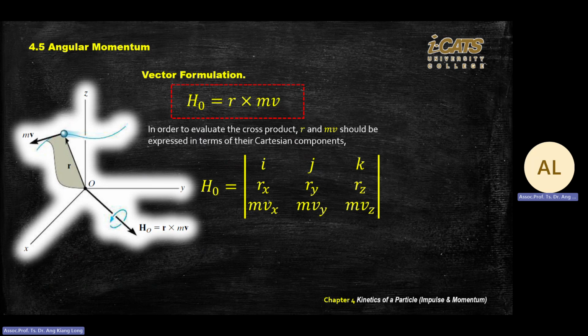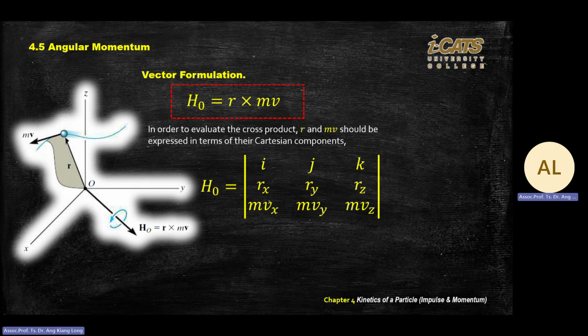Second row, you have the r, the distance from the reference point, with its rx, ry, rz. And then the last row is your momentum, with its mass multiplied by the velocity. I means velocity in the x direction, J means velocity in the y direction, K means velocity in the z direction.